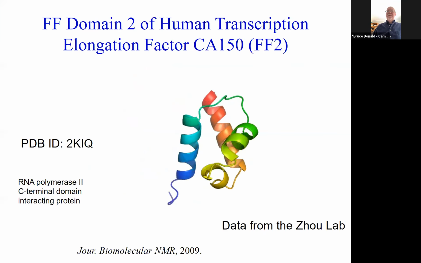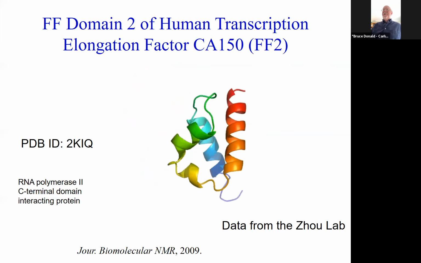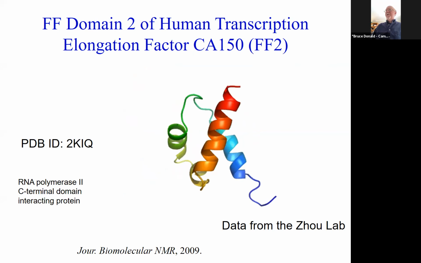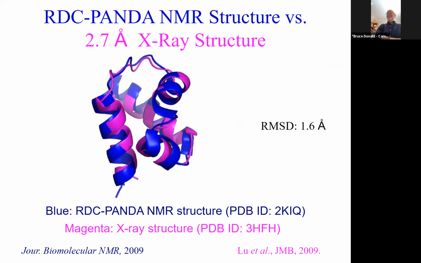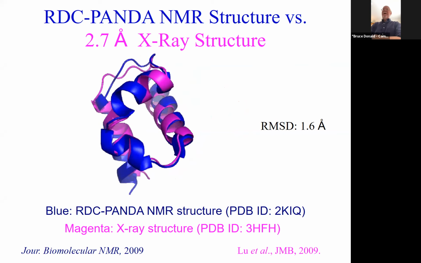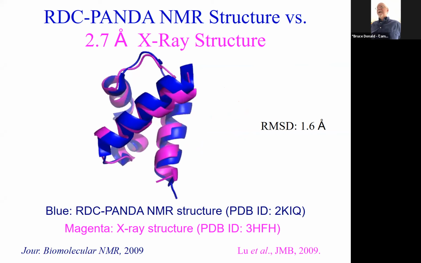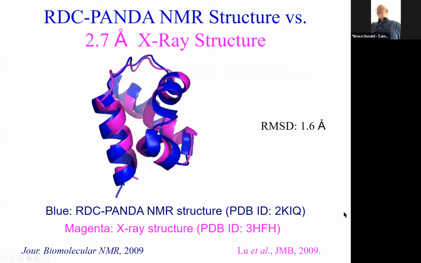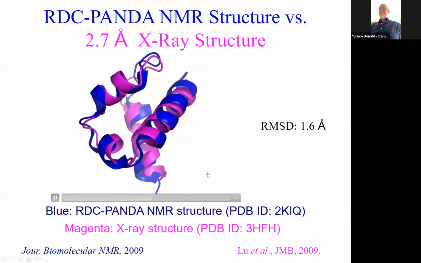All right. So here's a kind of model protein. One thing that was interesting in this case is that the X-ray structure was solved by a structural genomics initiative around the same time, independently. And so by the time the papers came out, we can compare the NMR structure with RDCs to the X-ray structure. And there, of course, we have statistics on this like RMSD, but they actually line up pretty well.